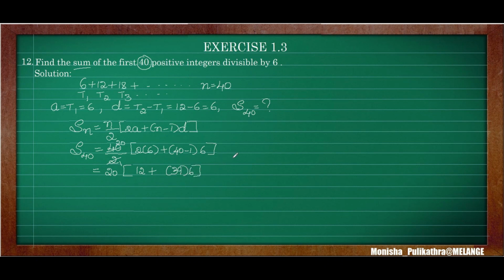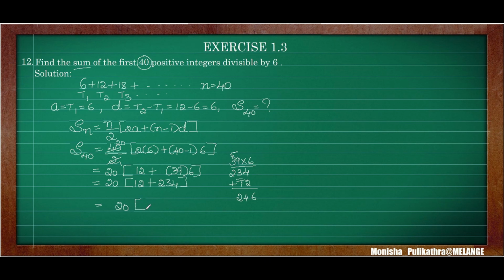We need to multiply 39 into 6. 6 nines are 54, 6 threes are 18, so it will be 234. So 20 into 12 plus 234. 234 plus 12 will be 246.